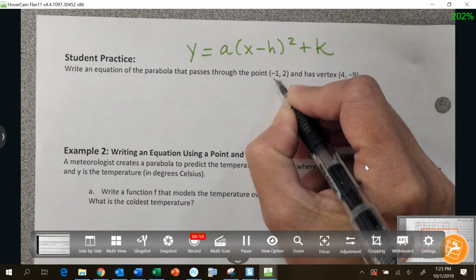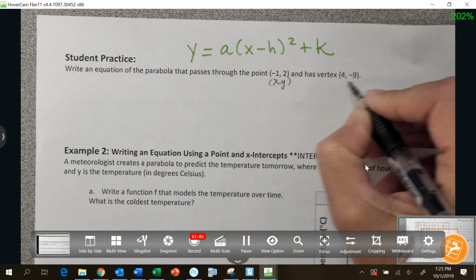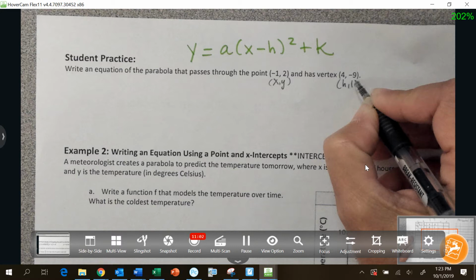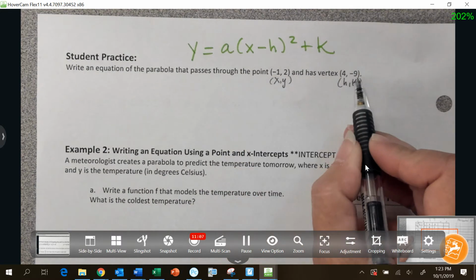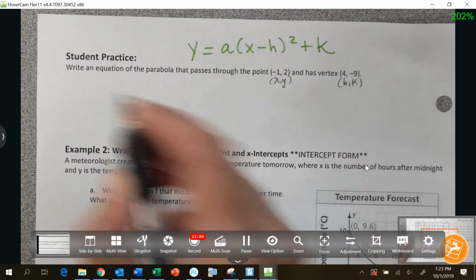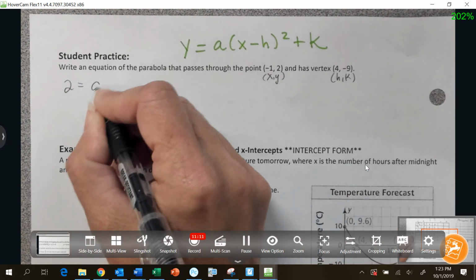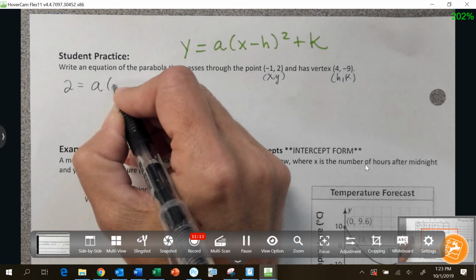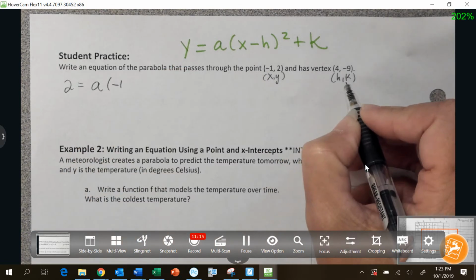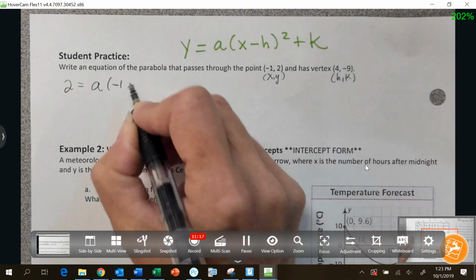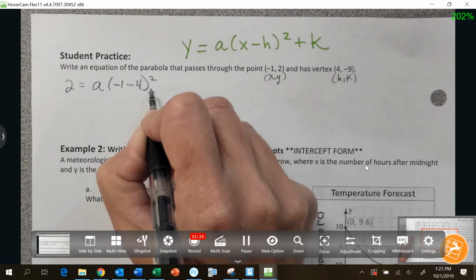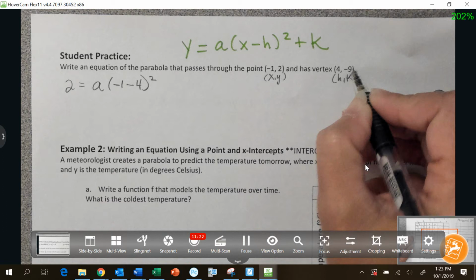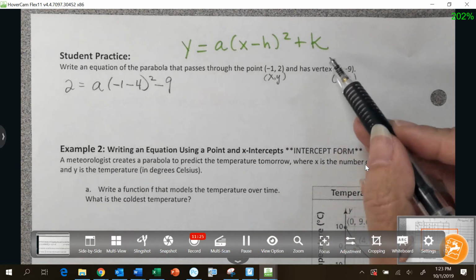The point is xy, and we'll plug in our vertex of hk into this equation here. So my y value is 2. A, I don't know. My x value is -1. My h value is 4 squared. And then my k value is -9, which becomes subtract 9.